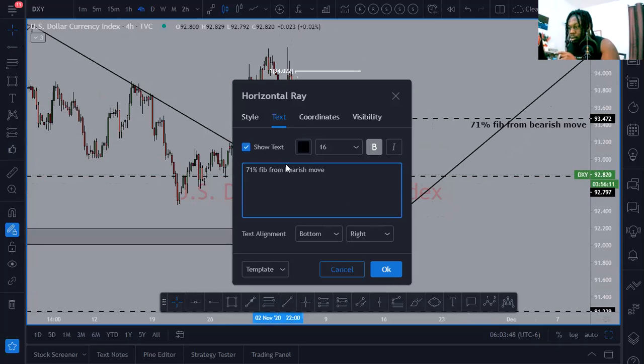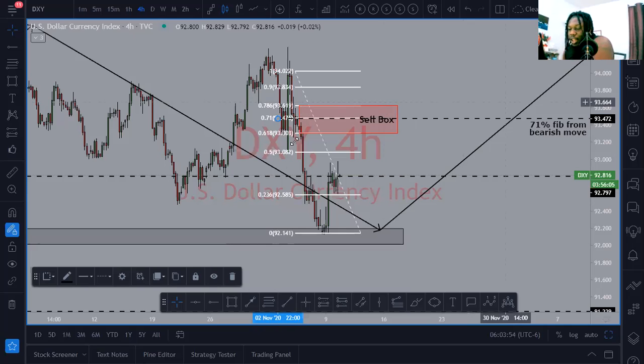And I'll make it like this. There you go. Let me hide these so we can get the chart a little cleaner.